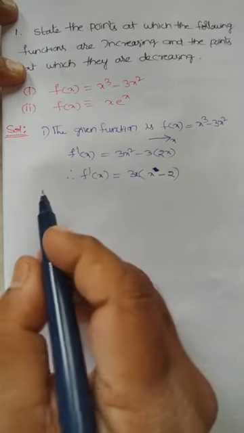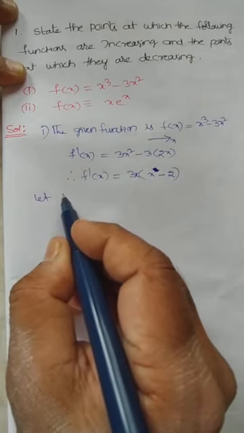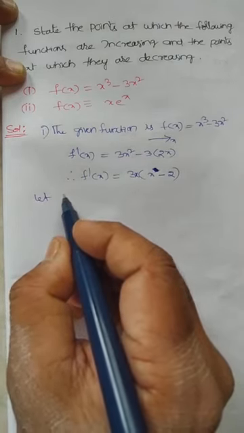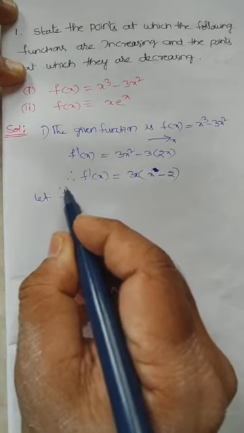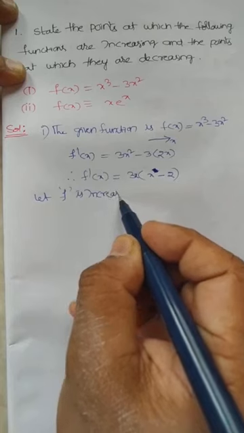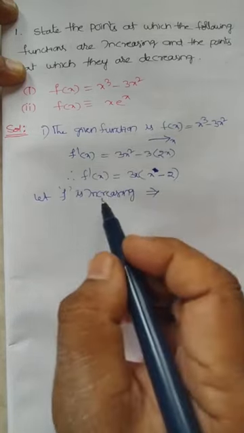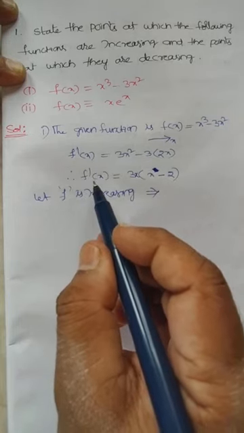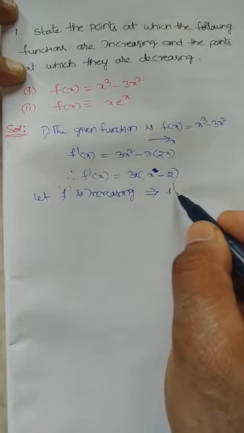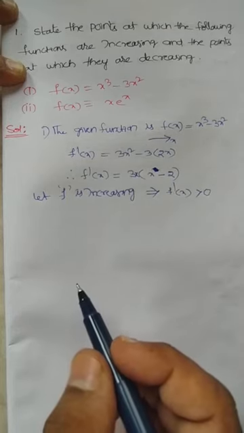Now let us suppose f is increasing. That implies whenever the function is increasing, its derivative f dash of x must be positive, that is, greater than 0.